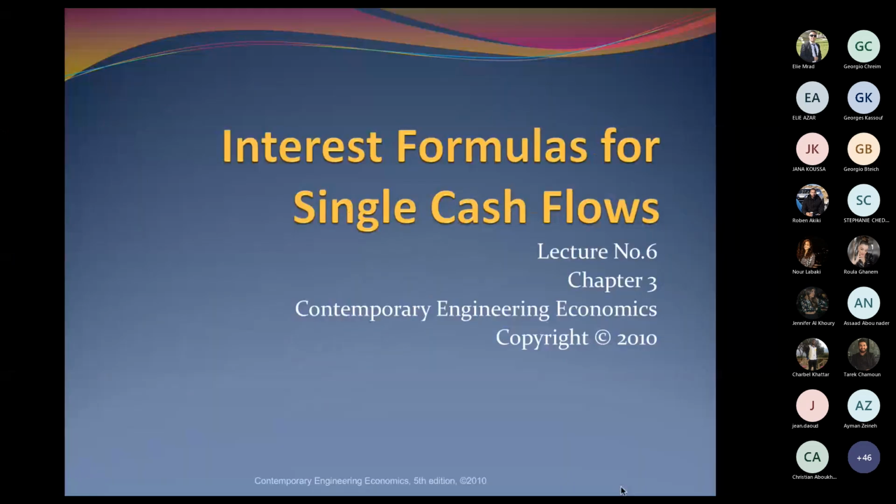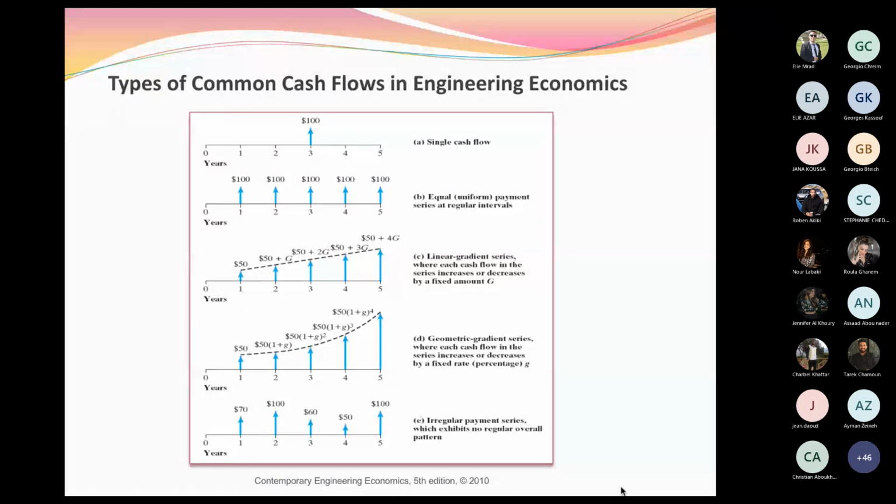I was telling you we will be considering special cash flows. We have 5 types of cash flows most commonly encountered. We have the single cash flow. We have the equal payment series. We have the linear gradient, so each cash flow increases or decreases by a constant amount.